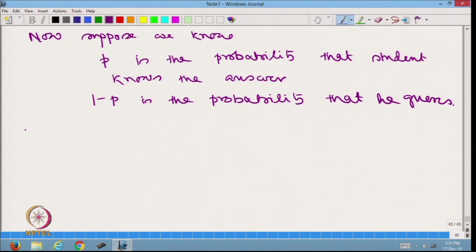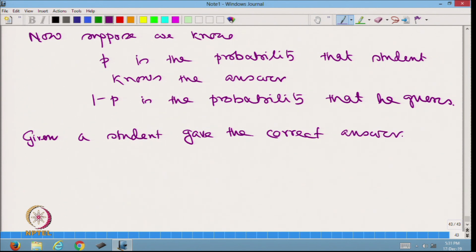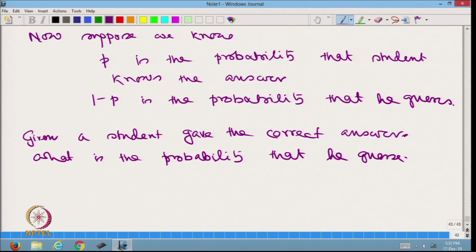Now, the question is, given a student gave the correct answer, what is the probability that he guessed it?